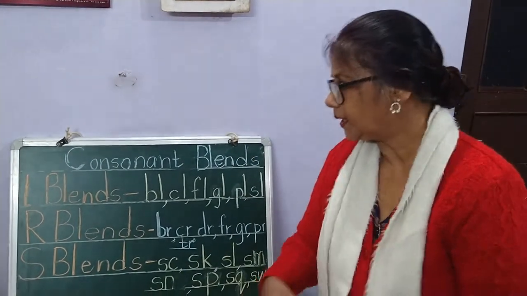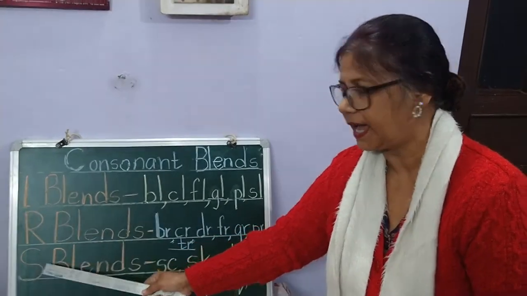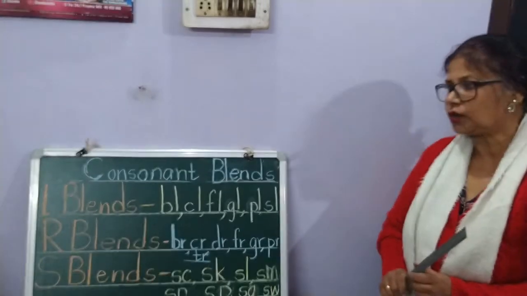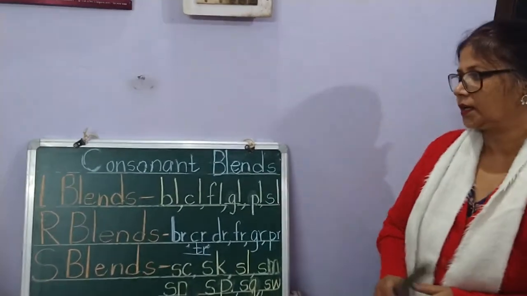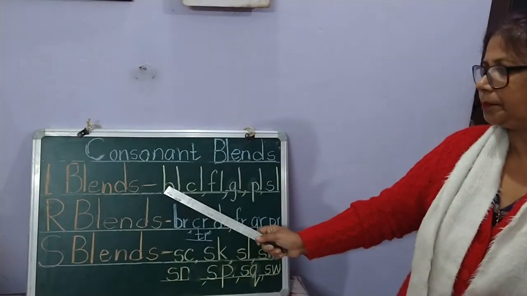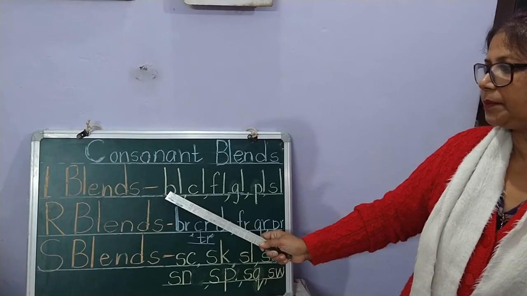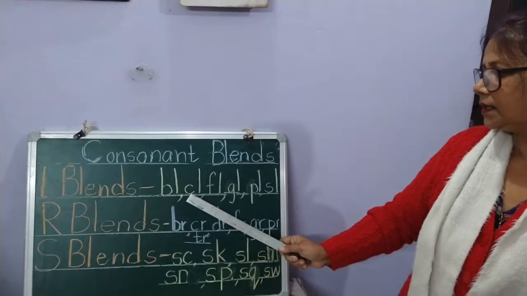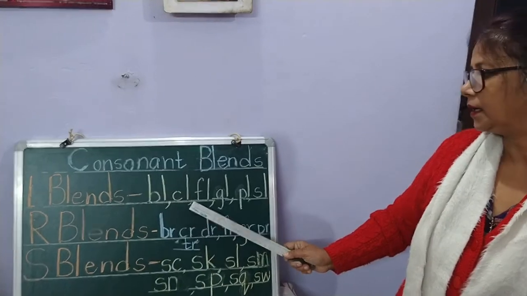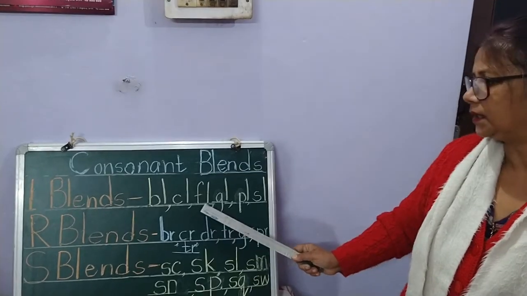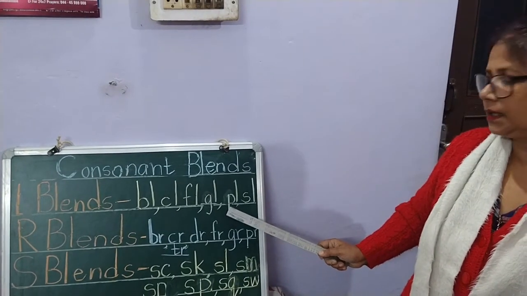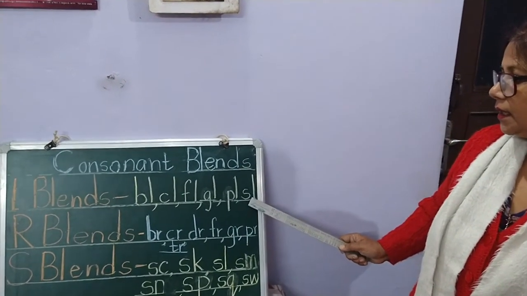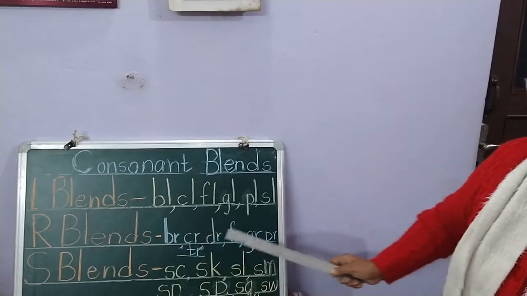So only L, R and S, these consonants, they blend with other consonants. So L blends with B and it becomes bla, C, cla, F, fla, G, gla, P, pla, S, L, sla.